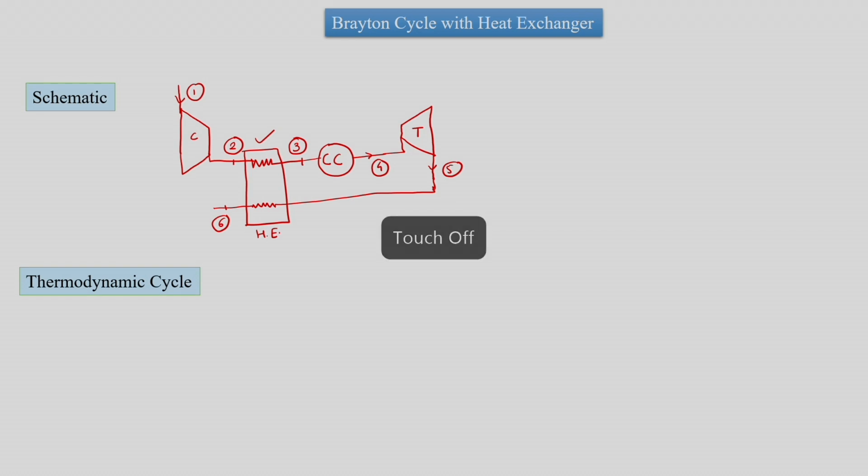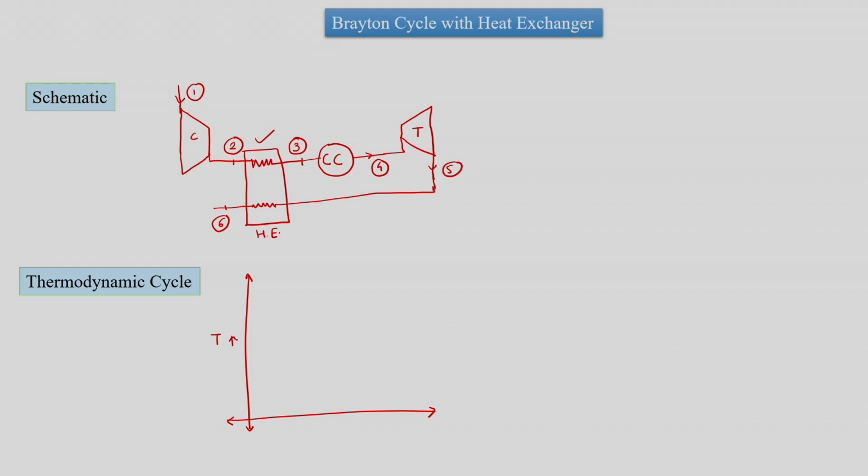Now we will see the thermodynamic cycle. The thermodynamic cycle with a heat exchanger would not be largely altered, but we have to show points 4 and 6. So let us plot T and S. We have 1 to 2 isentropic compression, then 2 to 3 is heat transfer in the heat exchanger, and 3 to 4 is heat addition in the combustion chamber.